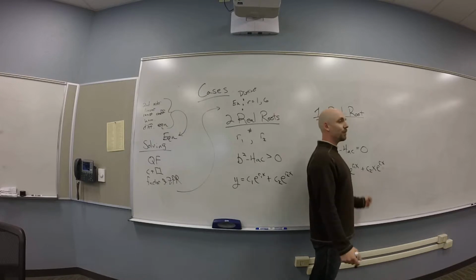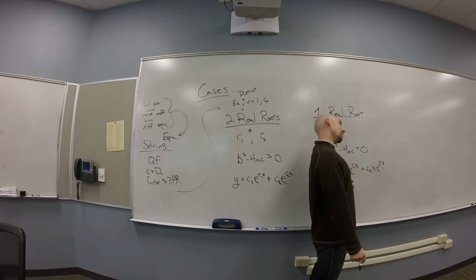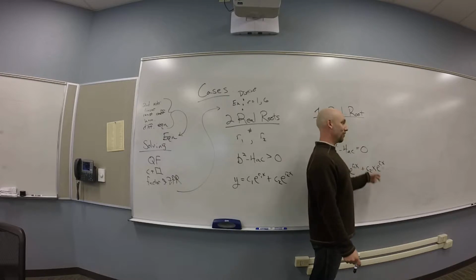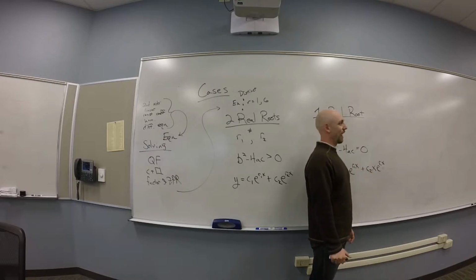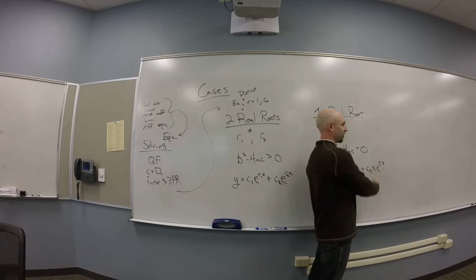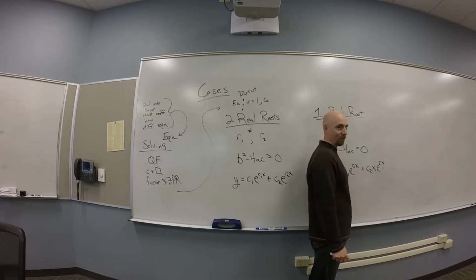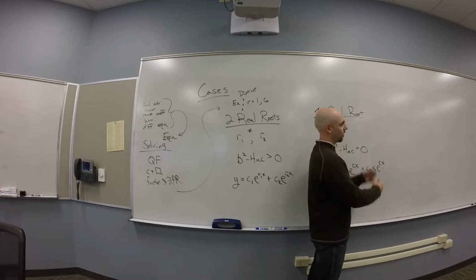Remember that I showed you a technique to take one linearly independent solution and get another one? That's what you use. This is the one and only spot that I know that you actually need to use that trick. Or you could just notice that if you slap an x on it, it still works. We'll check it.